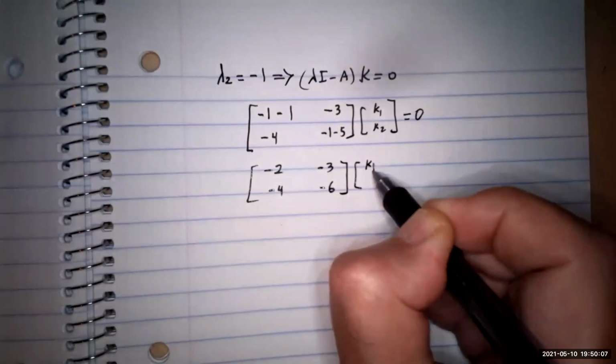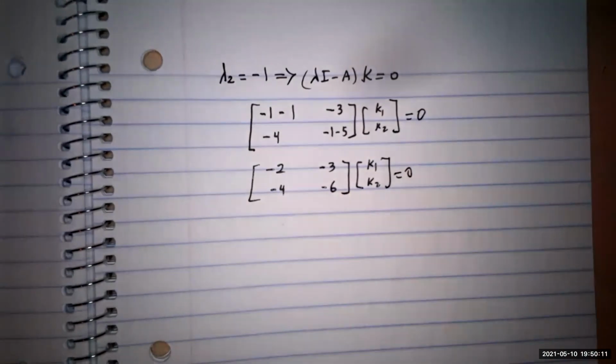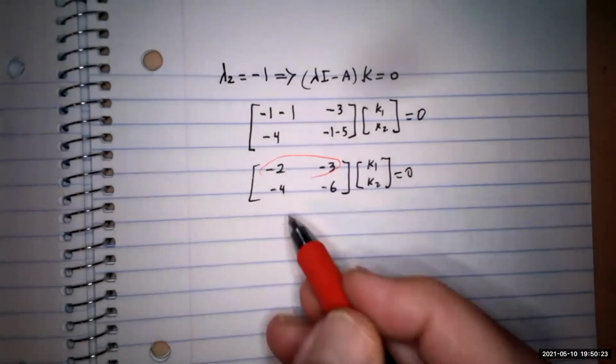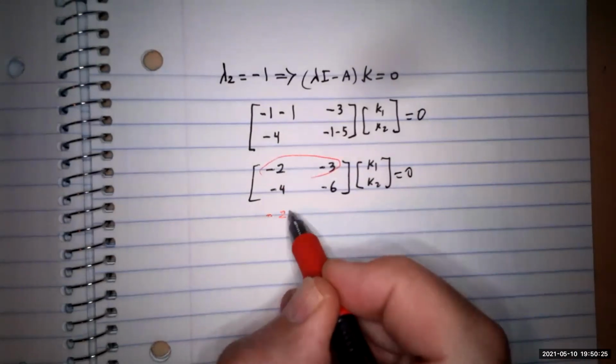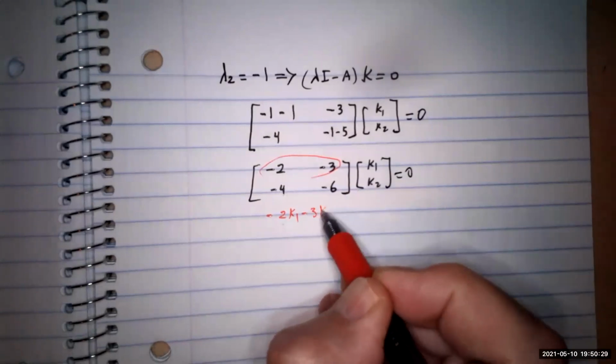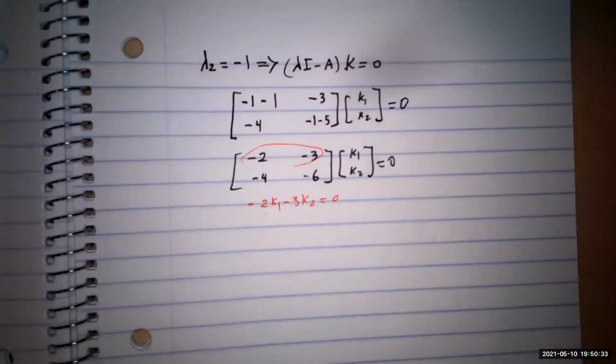So this is going to be the case. If we divide the second one by 2, that gives you the first one. I just use the first one to take care of it. So I'm going to have -2K1 minus 3K2 equal to 0.